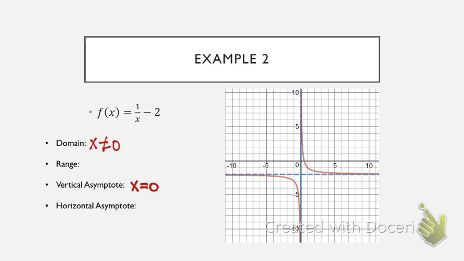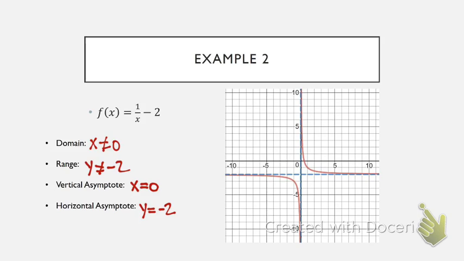If you look at the horizontal asymptote, though, it's not at 0 anymore. It has been moved; just by looking at the graph, it has dropped down to negative 2. And if I have a horizontal asymptote at negative 2, then I know my range value of negative 2 will not be happening.